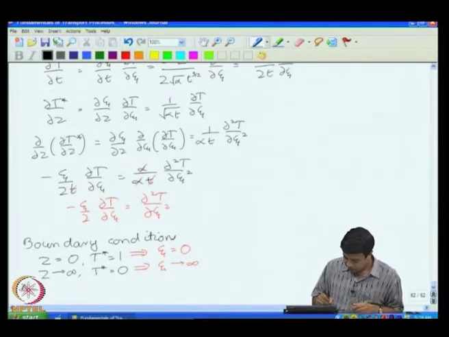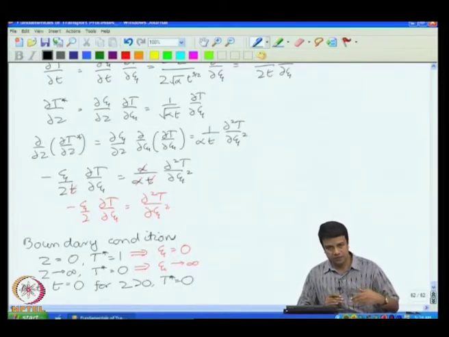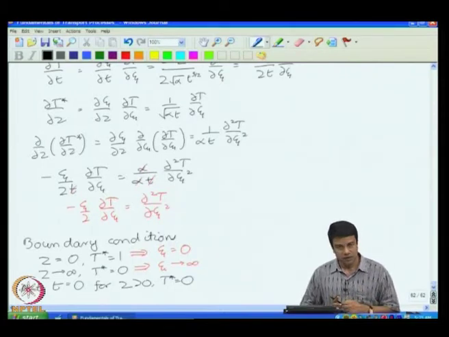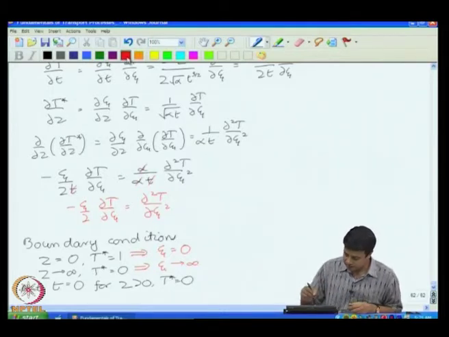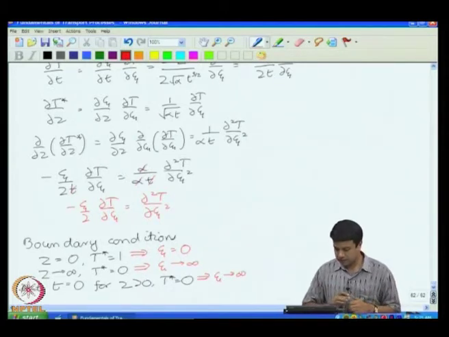At time t is equal to 0, everywhere in the fluid apart from that bottom plate, apart from z is equal to 0, the temperature is equal to 0. Since psi is equal to z by square root of alpha t, this implies that this has to be applied at psi going to infinity.